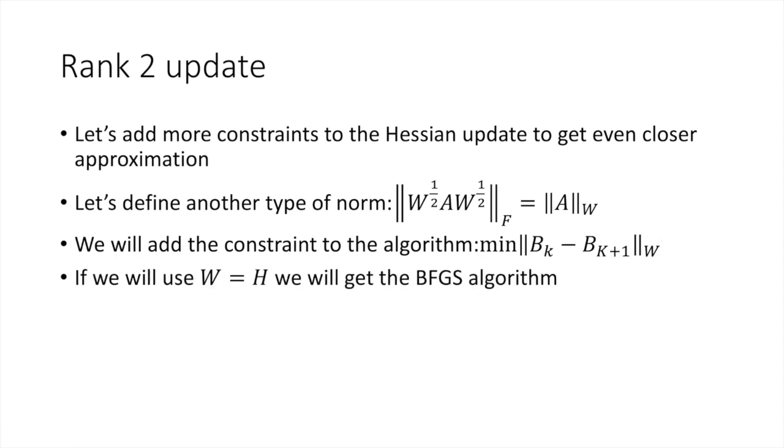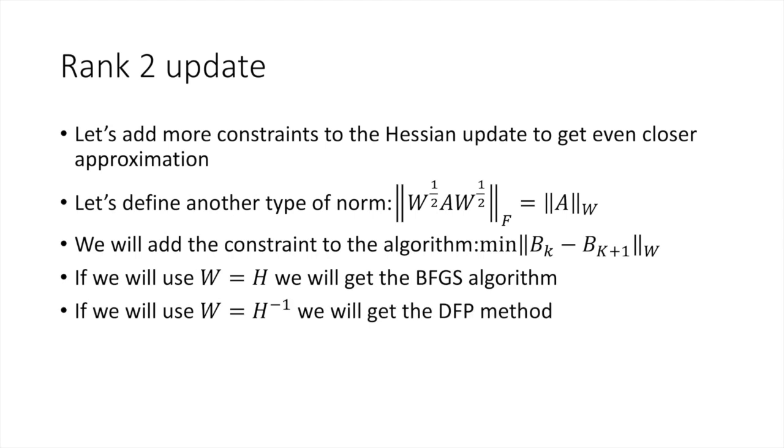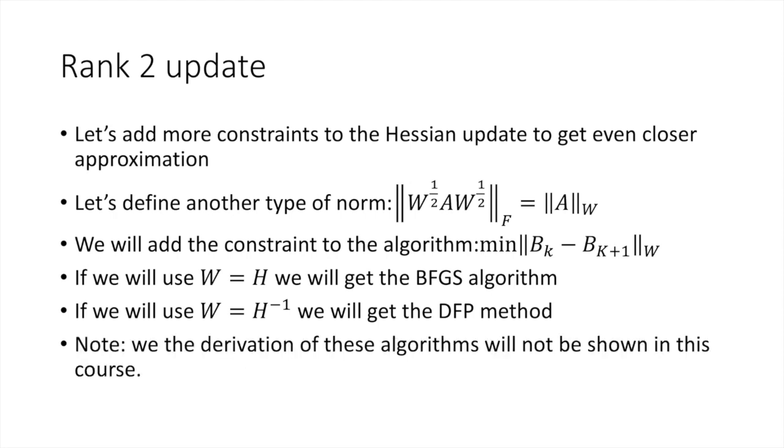If we use W equals the Hessian, we will get the BFGS algorithm. If we use W equals the inverse Hessian, we will get the DFP method. Note something very important. The derivation of these algorithms will not be shown in this course, and you are not required to know it. You can if you want, but we will not ask about it in the homework or the exam.